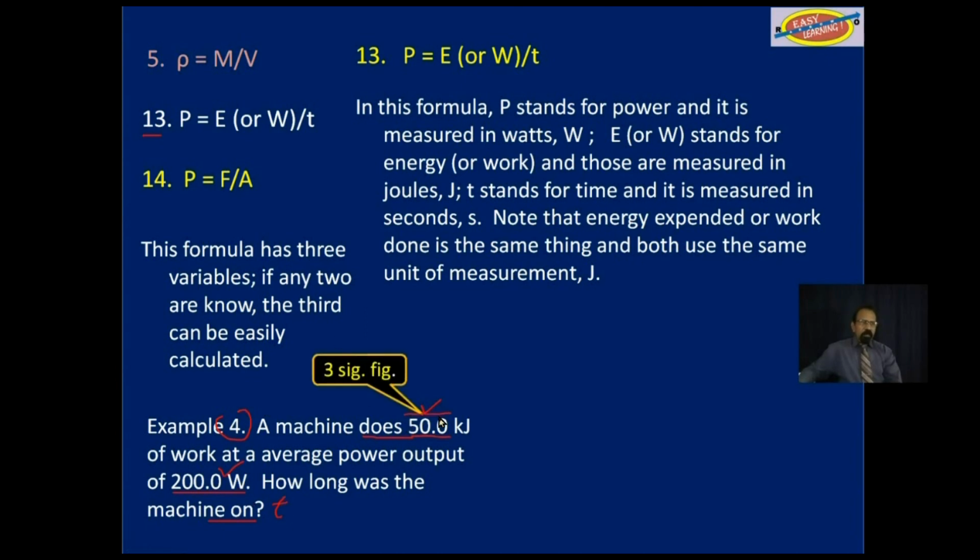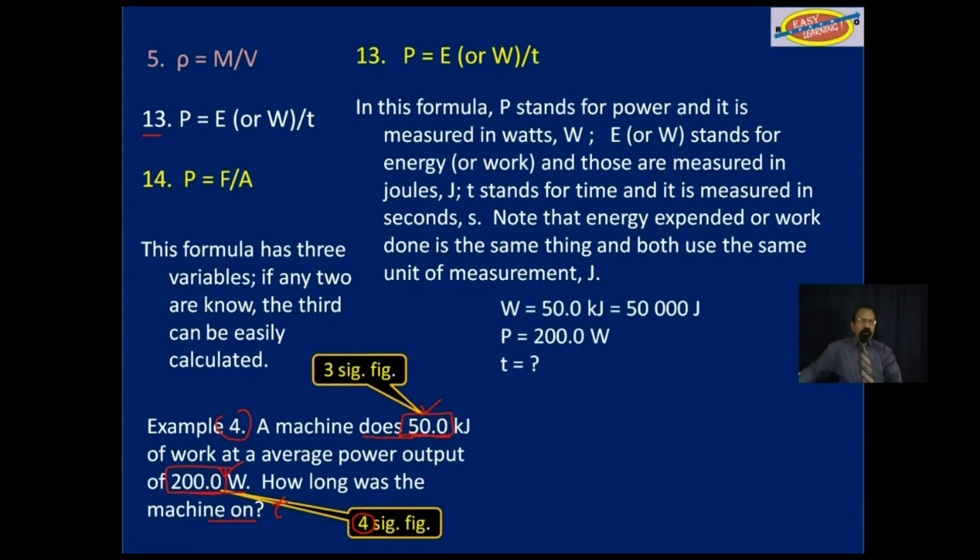Note that this is 3 significant figures. This one here is 4 significant figures. Now our formula cannot take kilojoules, it has to take joules, so we need to convert 50.0 kilojoules to joules. So we remove the k from there and put in 3 zeros, which is 1000. 200.0 watts, that's fine.